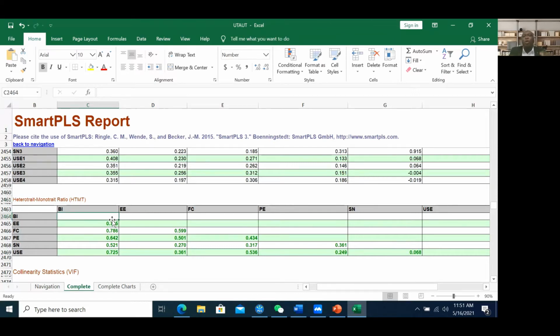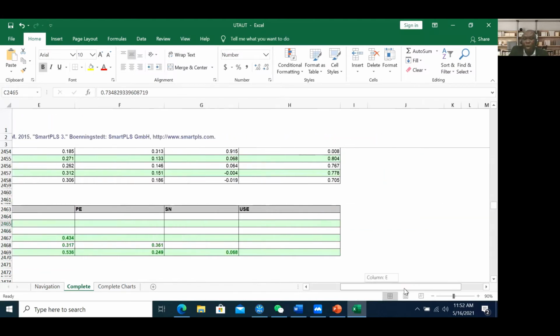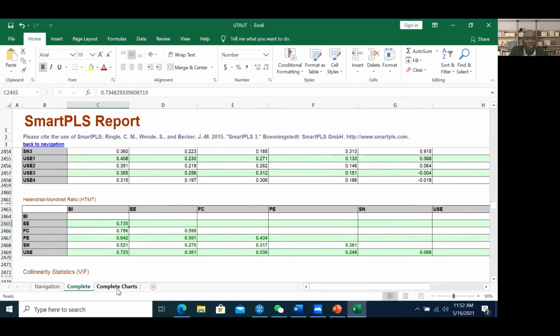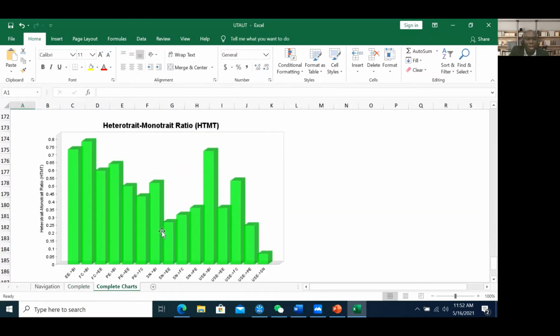So depending on whatever literature you're using to back your value, you go ahead and report it. In this diagram, the HTMTs are all in green, meaning they have met the requirement, with values such as 0.735. The pictorial diagram even gives you an indication. All of them are green, meaning they are significantly different from 1.